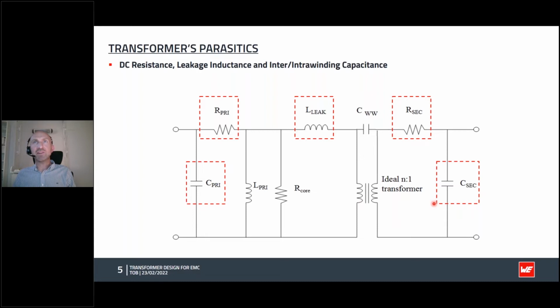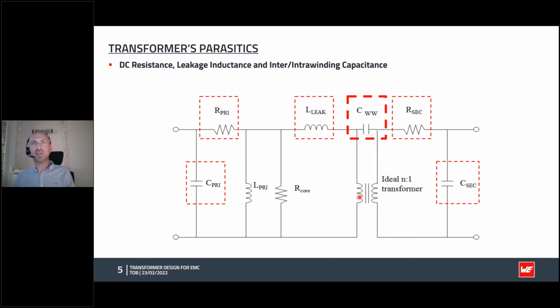Then what's very important for transformers, and this last one we'll look at, is called inter-winding capacitance. So that's the capacitance between the primary and the secondary.